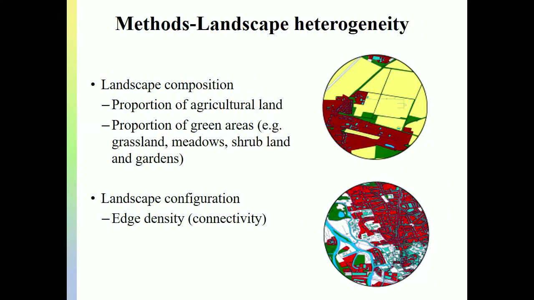Furthermore, in each of these areas, what I didn't mention before, we also characterized the landscape before picking the sites. All sites had some differences in their landscape composition and landscape configuration at a 1 kilometer buffer zone. So we estimated the proportion of agricultural land, the proportion of green areas, and connectivity of those green areas using a proxy, edge density.